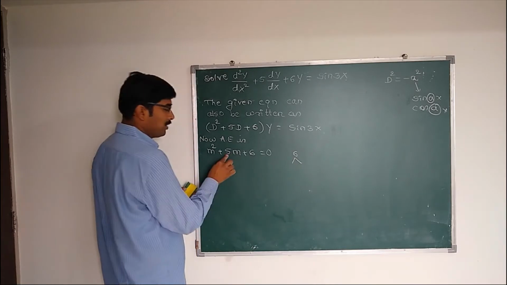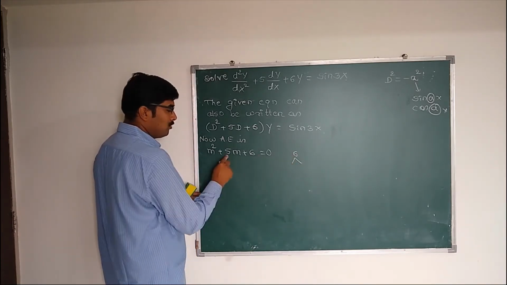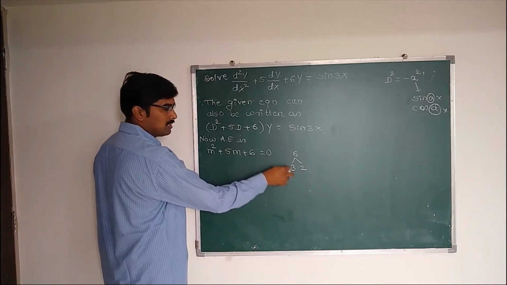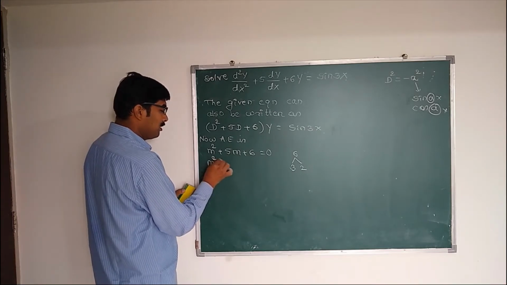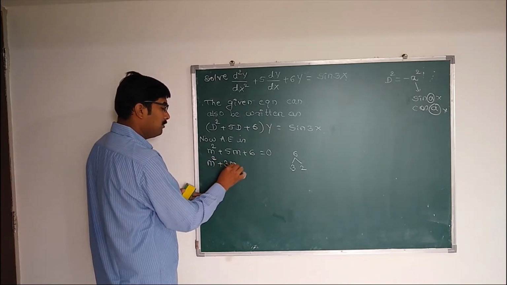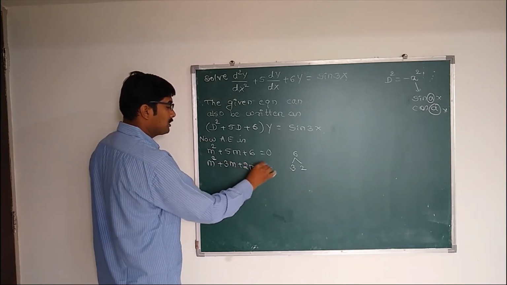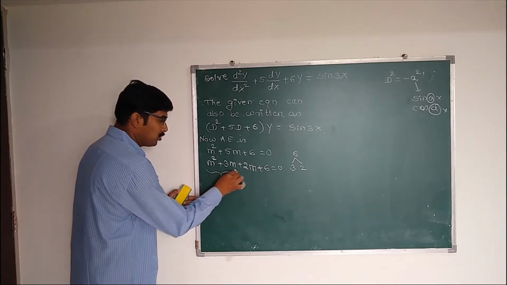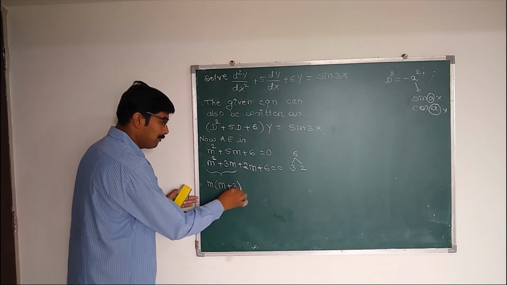Find the two factors to get plus 5. After multiplication you will get 6 and after adding you must get 5. So that is 3 into 2. 3 into 2 is 6, 3 plus 2 is equal to 5. So we can write it as m square plus 3m plus 2m plus 6 is equal to 0. From the first two terms you can take m common, we are left with m plus 3.